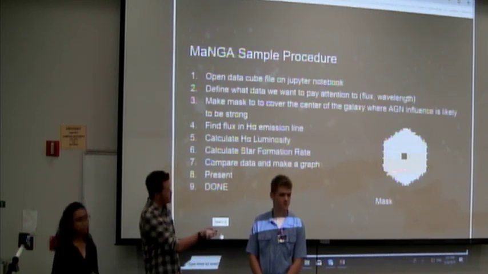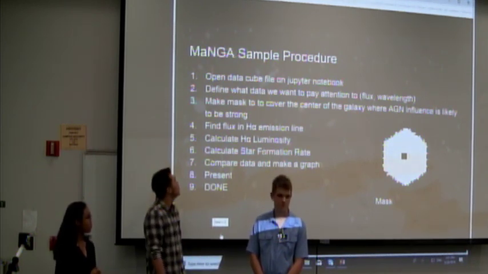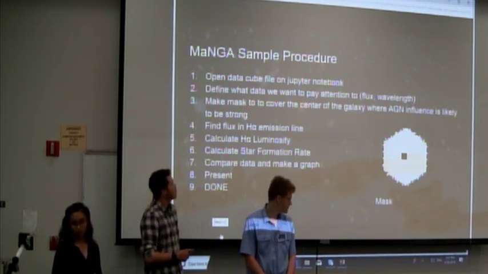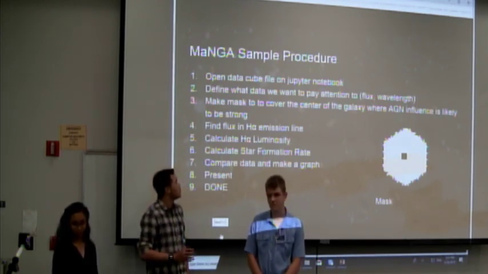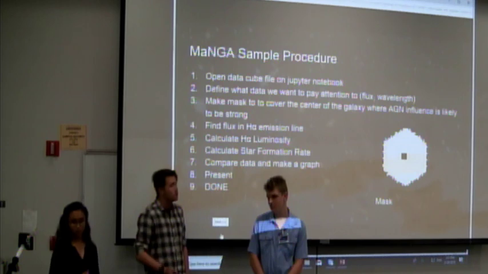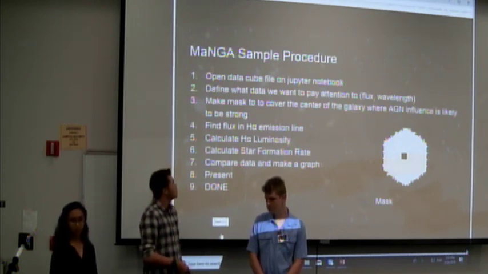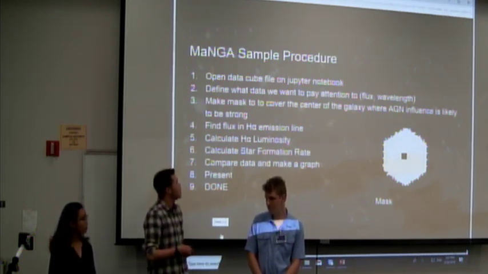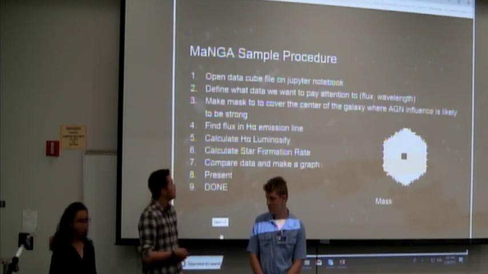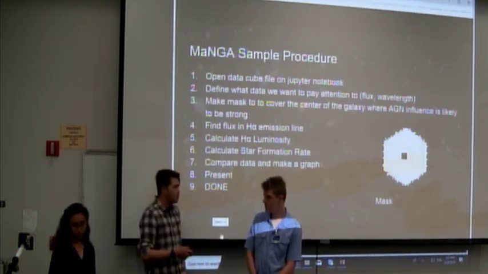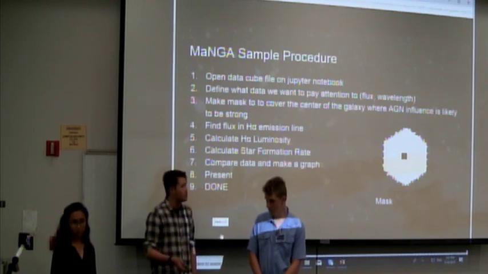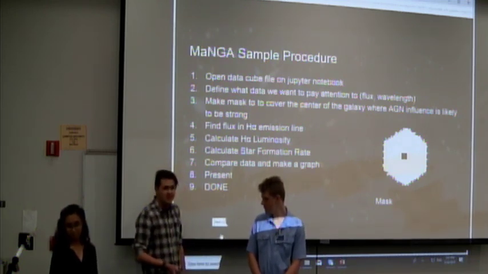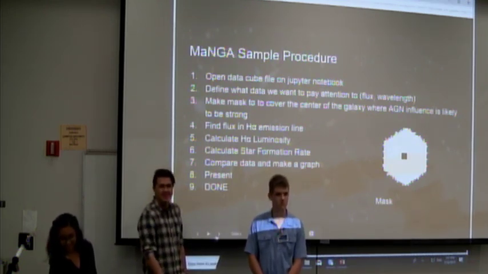As you can see here, this is the mask that I made. Then you find the flux in the H alpha line across the galaxy. Using that, you calculate the luminosity in the H alpha line and the star formation rate. You then compare this data with other galaxies and make it presentable. And then we're done with this project.